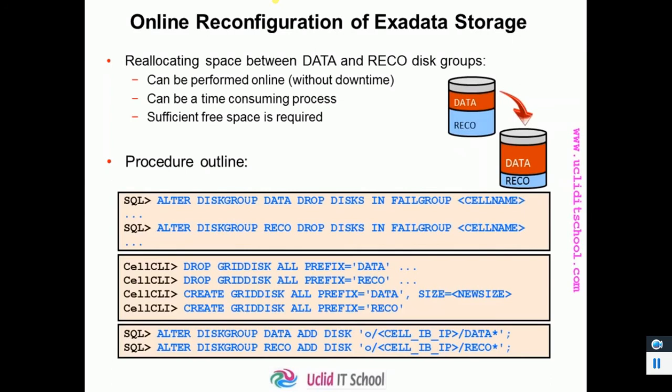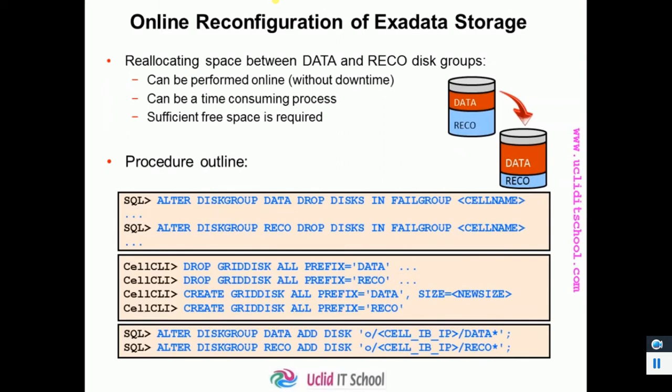These two are the standard, right? 40-60 or 80-20. Now, if you want a different split, suppose a customer wants 50-50, or a customer wants 70-30, or 20-80, or again 90-10, how to do that?